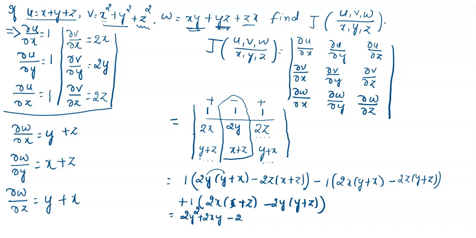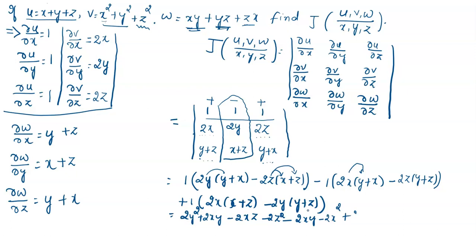It is minus 2xy minus 2x square, and then minus into minus is a plus, we have 2yz plus 2z square, and multiply this 2x inside.